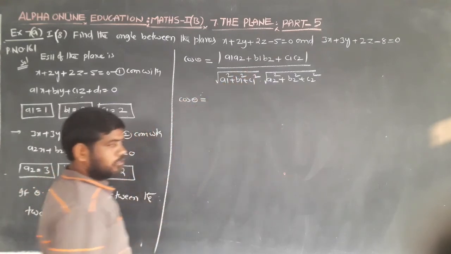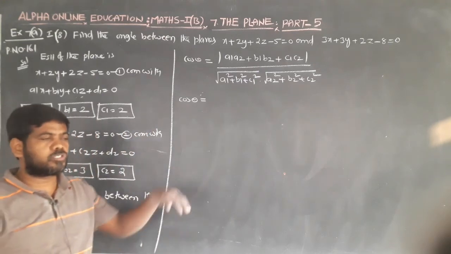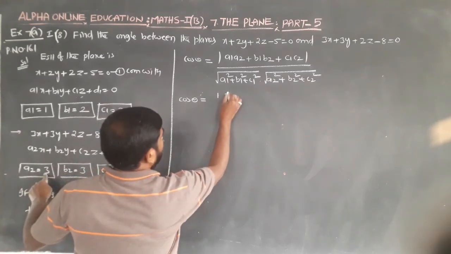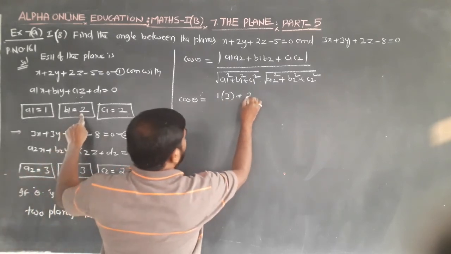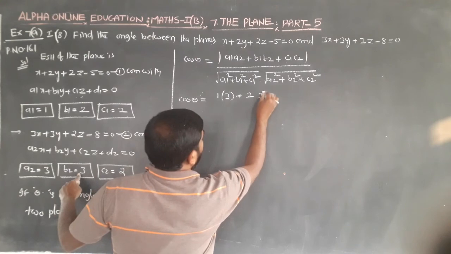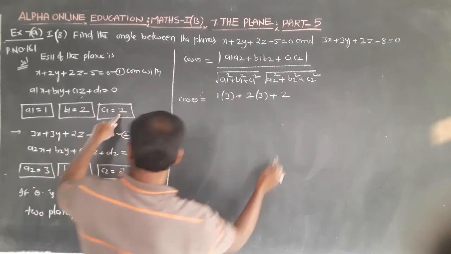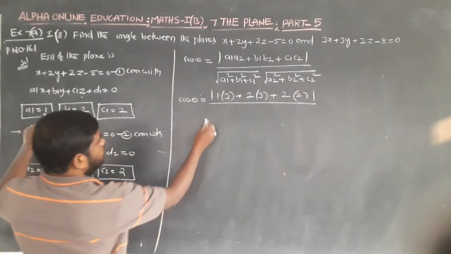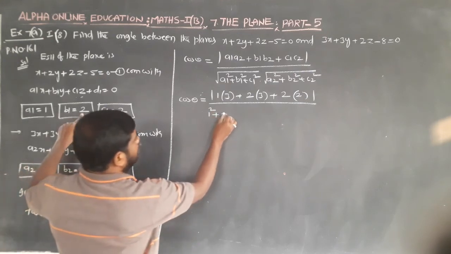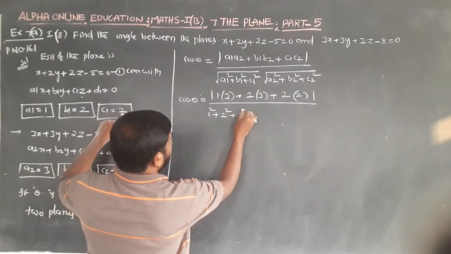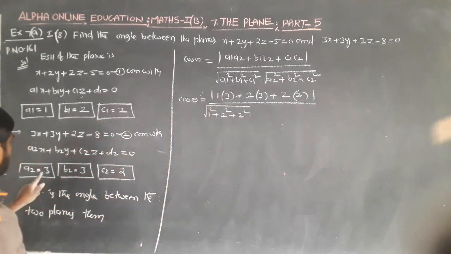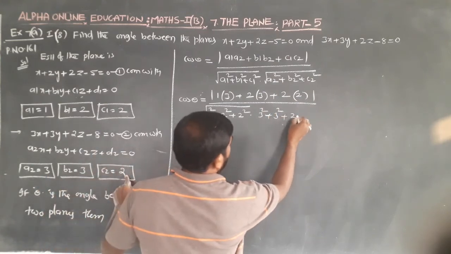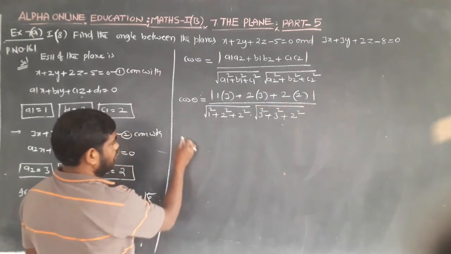Substitute a1 b1 c1 and a2 b2 c2 values and simplifying: a1 1, a2 3, plus b1 2, b2 3, plus c1 2, c2 2, mod all divided by a1 square 1 square, b1 square 2 square, c1 square 2 square, a2 square 3 square, b2 square 3 square, c2 square 2 square, under root.